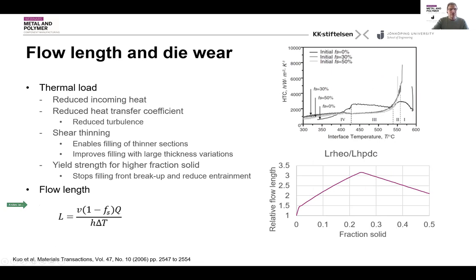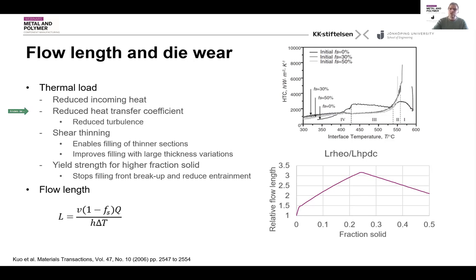The other part is related to die wear and flow length. First of all, since you have a certain amount of solid, you remove heat outside the die, and that means that the heat load of the die is being reduced. The fact that you have solid in the melt changes the actual contact with the die. So it reduces the heat transfer coefficient.